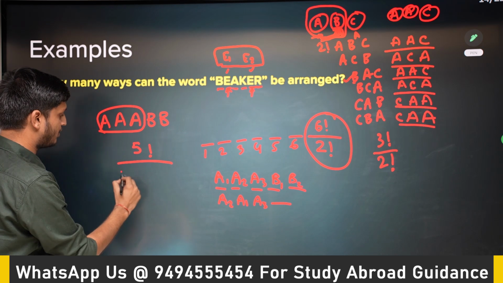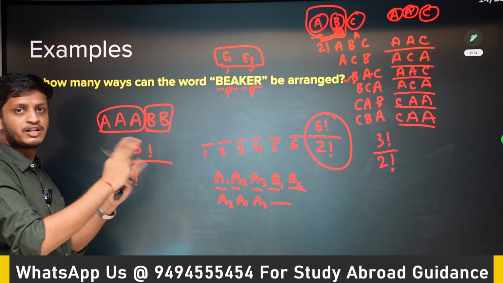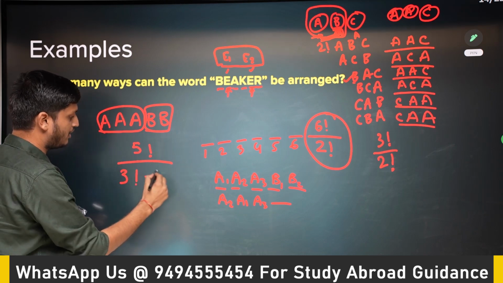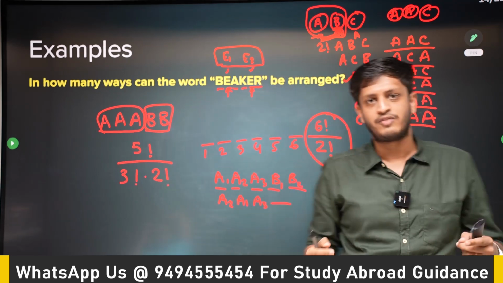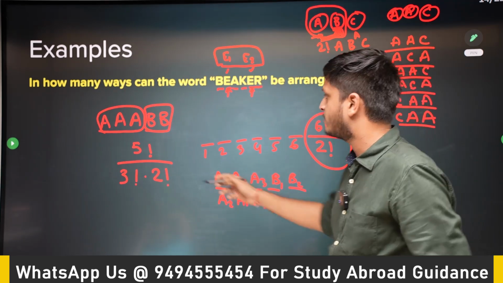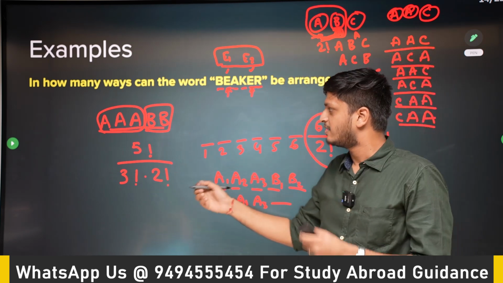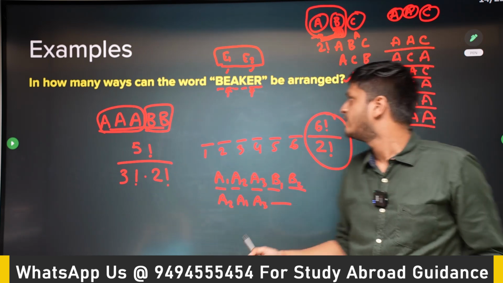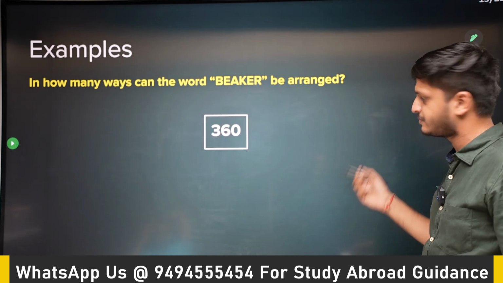So you have to divide by 3 factorial. And same for B. The number of ways in which you can arrange B among themselves is 2 factorial. So you have to divide by that as well. This is the overcounting that we encountered and we solved it. So the number of ways in which we can arrange this will become this. So it's very simple, right? Just divide by the number of repetitions of every character. So here the answer will be 6 factorial by 2 factorial, which is 360.